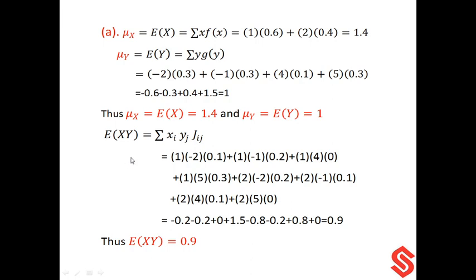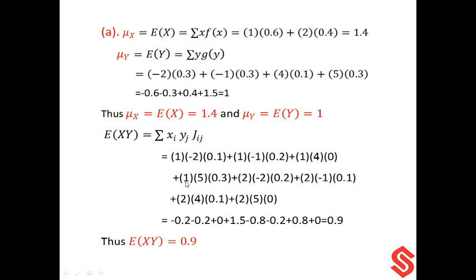Next, expectation of xy. According to the definition, it is the summation of xi yj j_ij. So x1 y1 j11, x1 y2 j12, x1 y3 j13, x1 y4 j14 gives the first row.